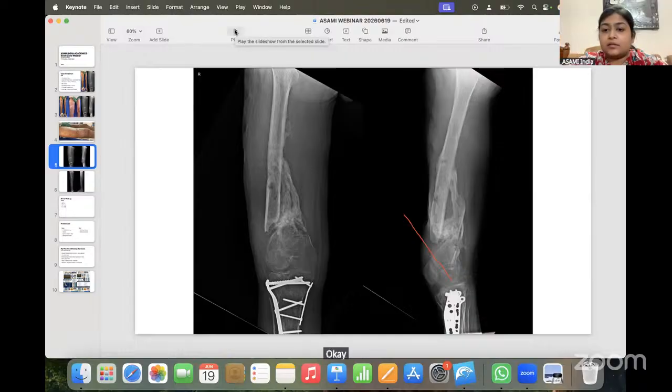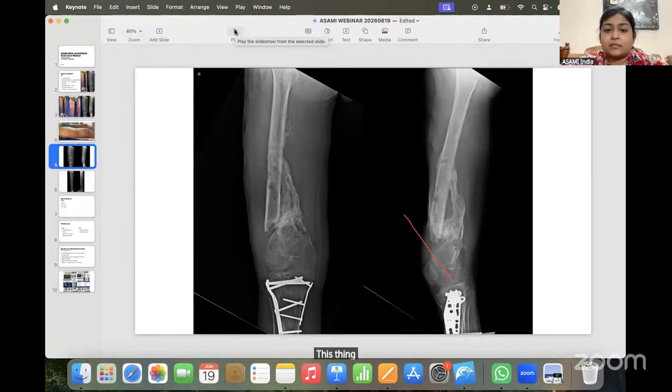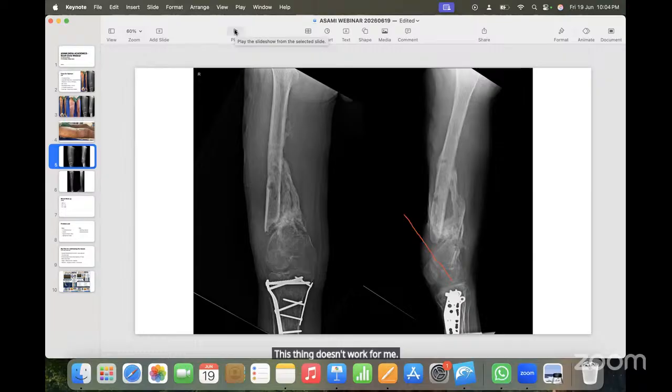You put in a wire like this and joystick it down, and then when you look at your ring in the lateral view, it should be parallel. The ring should be parallel to that axis like that. Yes, sir.